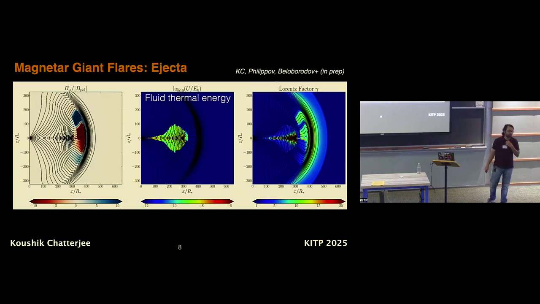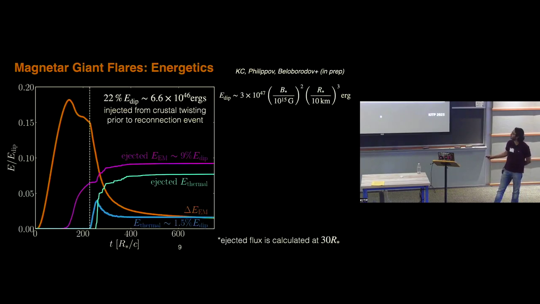The other question: if I understand correctly, both the residual thermal energy that you have in the confined fireball and in this tail ultimately come from field dissipation in the same reconnection layer, right? So I was wondering whether this factor of 10 from one fraction to the other is controlled by the latitude of the twist and where this opens up into reconnection, or whether there is any insight into what determines this partition.